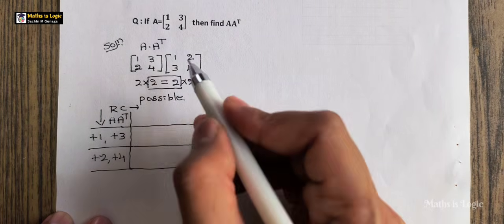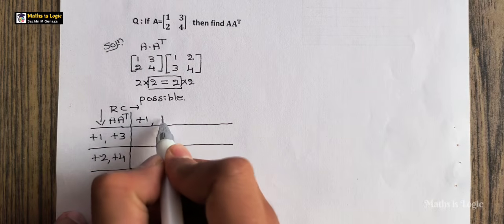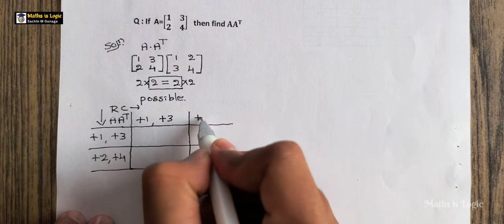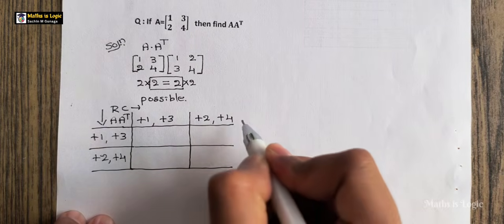Next first column plus 1 plus 3. Second column plus 2 plus 4.